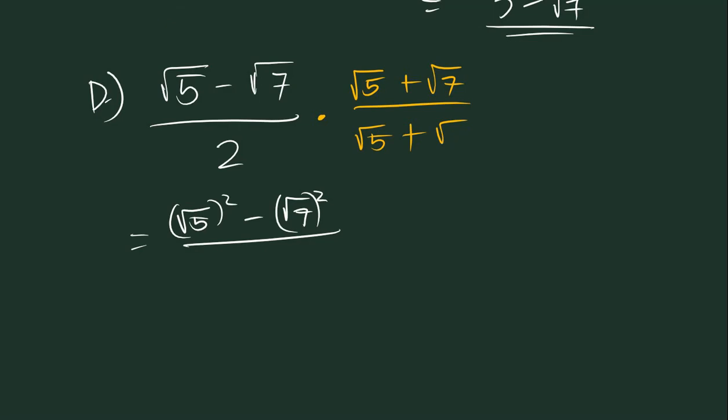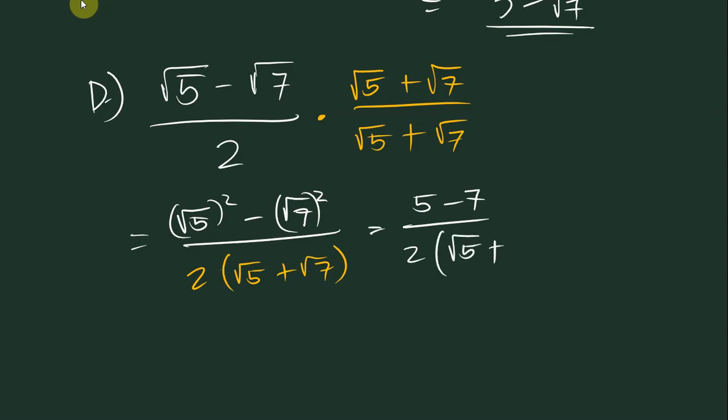Here, 2 times square root of 5 plus square root of 7. And then we'll have 5 minus 7 all over 2 times square root of 5 plus square root of 7.